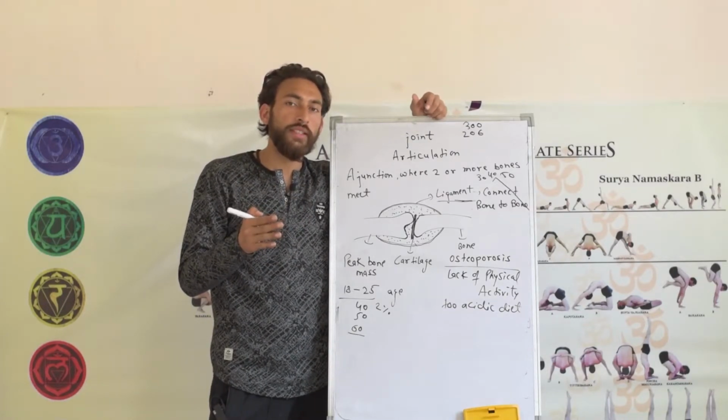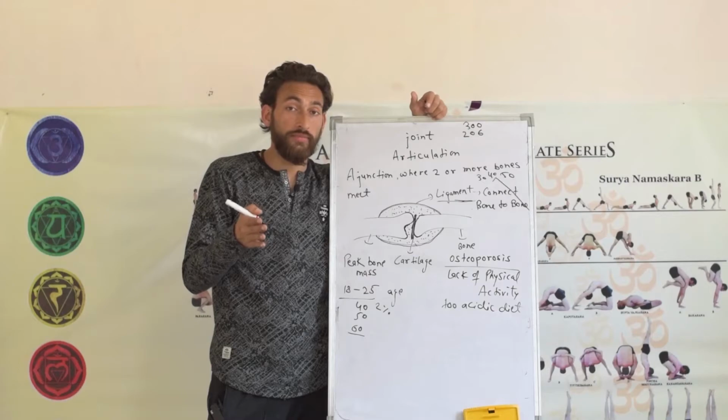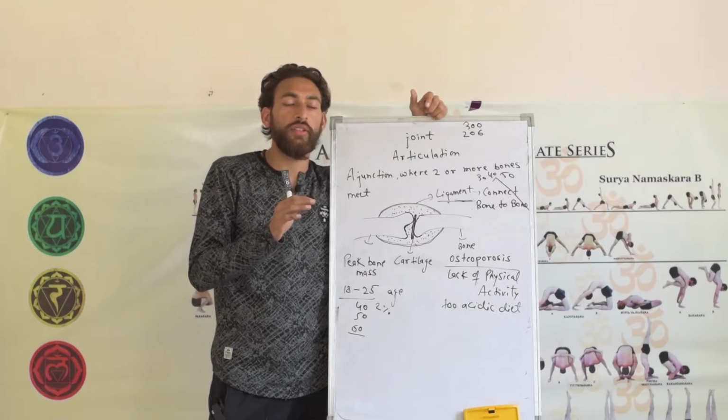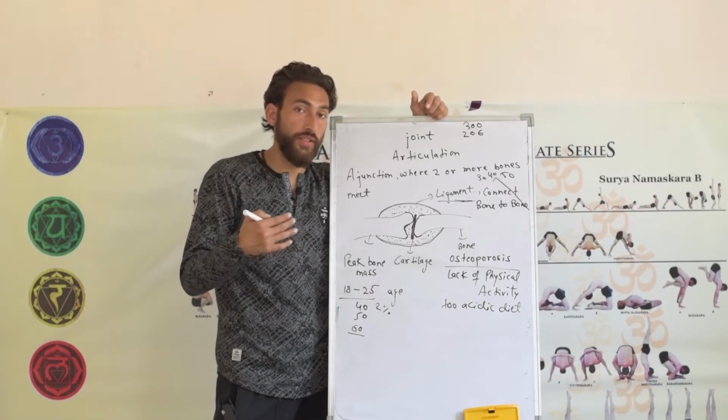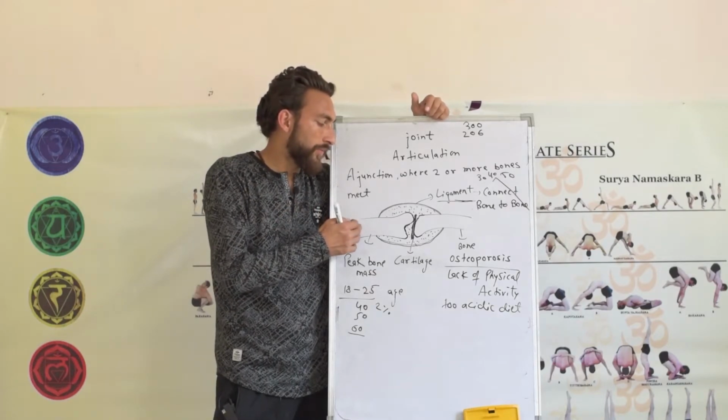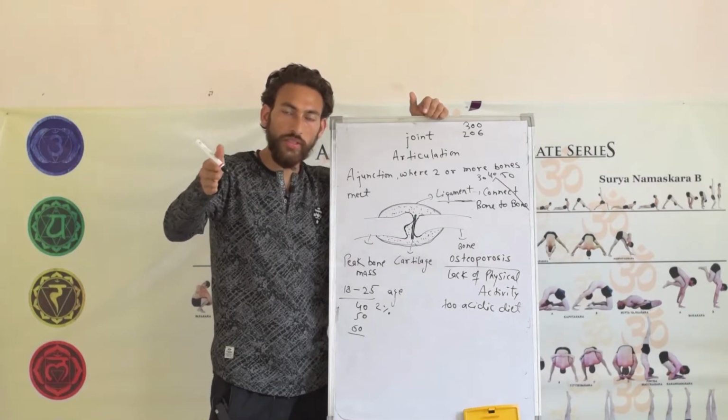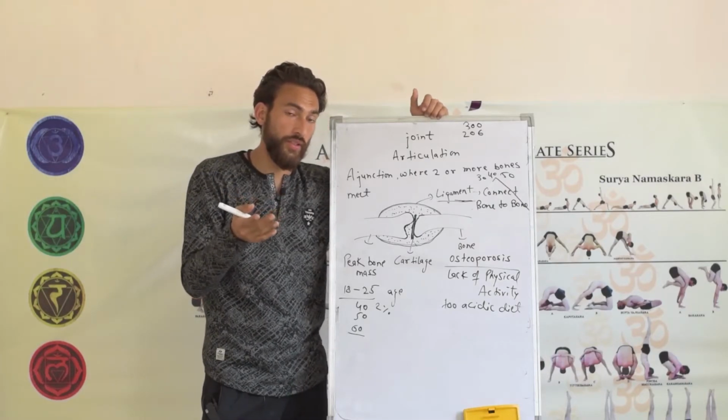This is why we say that if you injure your ligament, the duration of healing is much longer than if bone gets fractured. If bone gets fractured, it also depends upon how severe the fracture is.